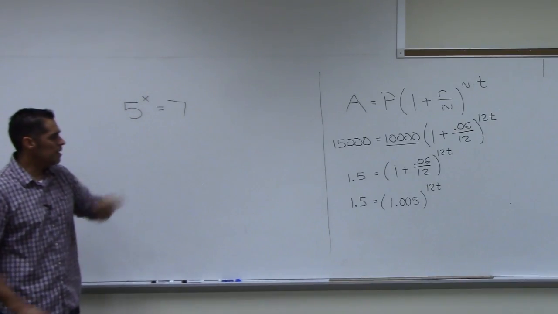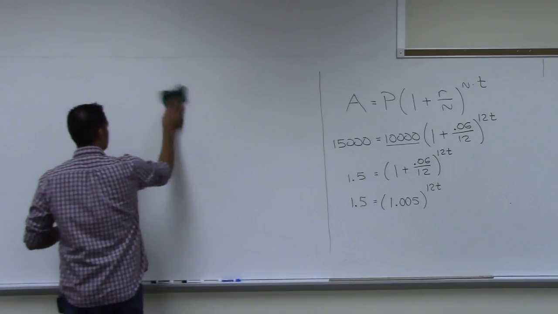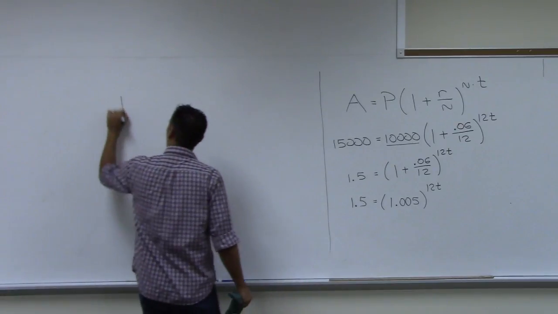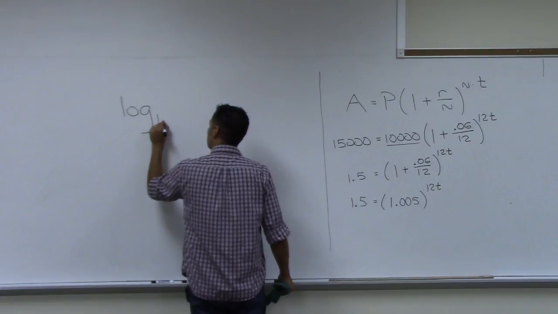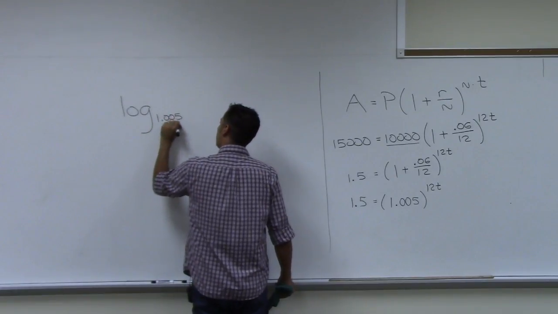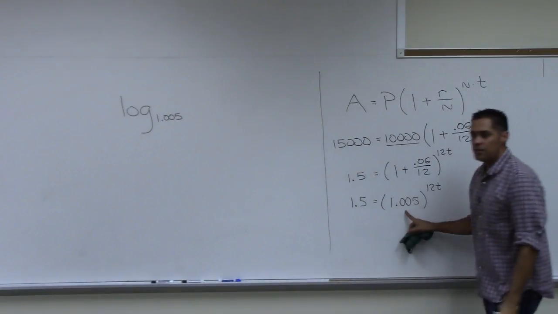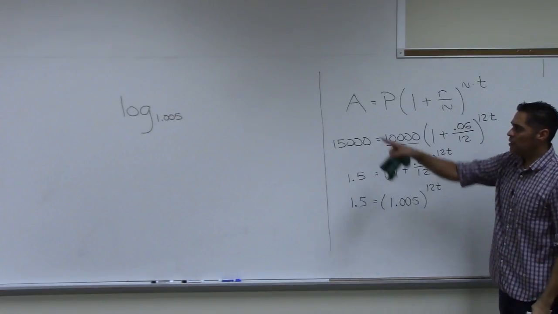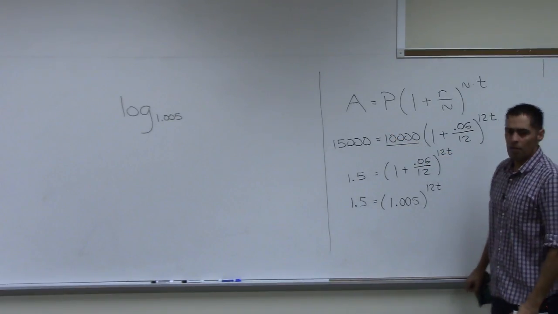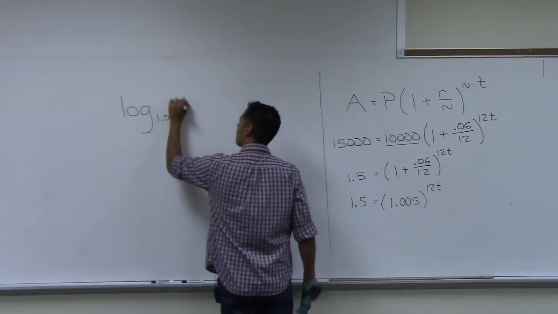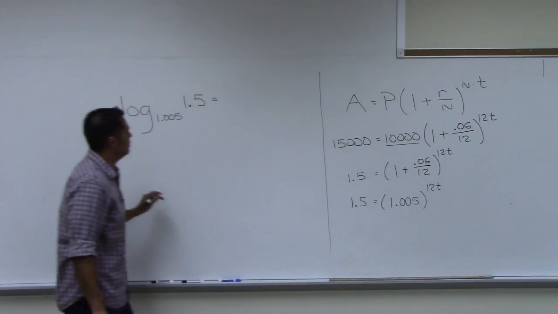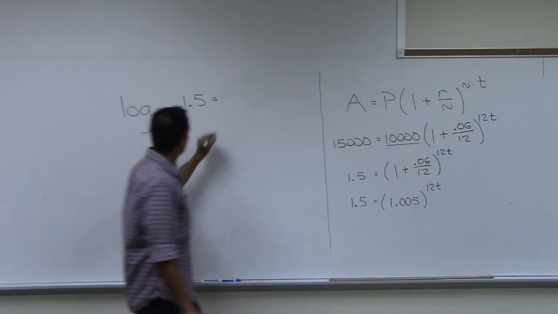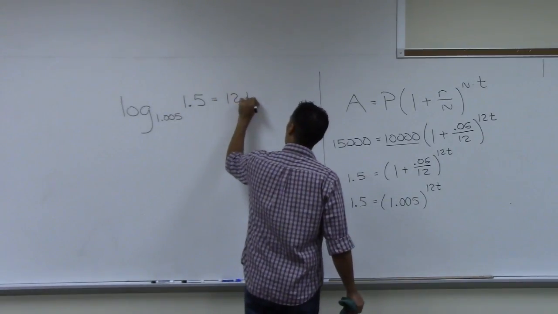What is the logarithmic form of that equation there? I'm going to have log base what? 1.005, okay? That's my base. And then what goes in the log? 1.5 equals what though? Be careful here. 12t. The whole thing, 12t.